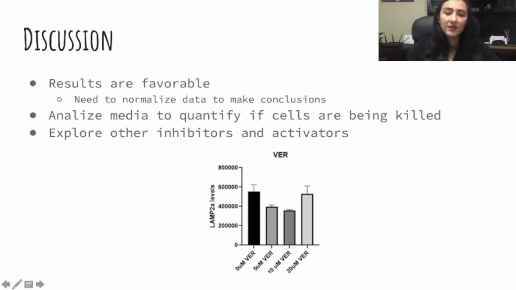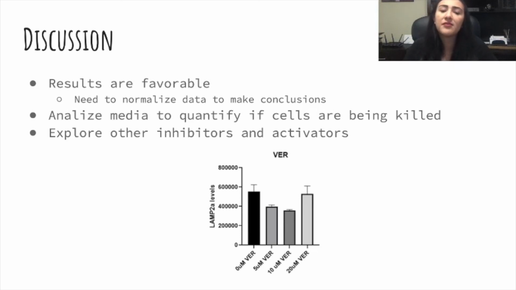As you can see from this graph in cardiac cells, the levels of LAMP2A for both 0 millimolar and 20 micromolar are the same, and this can indicate that we were killing cells. We think that because DMSO is toxic to cells, so they might just be dying.